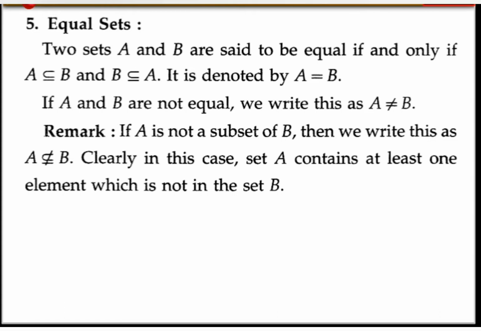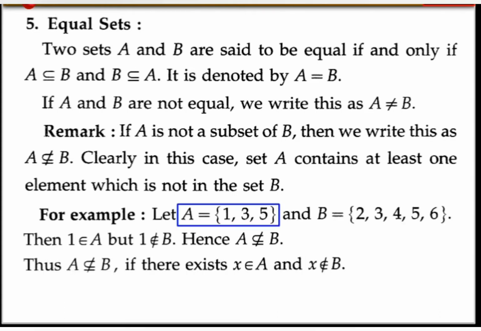For example, let A is equal to set of 1, 3, 5 and B is equal to set of 2, 3, 4, 5, 6.